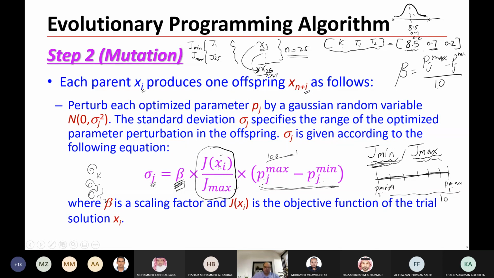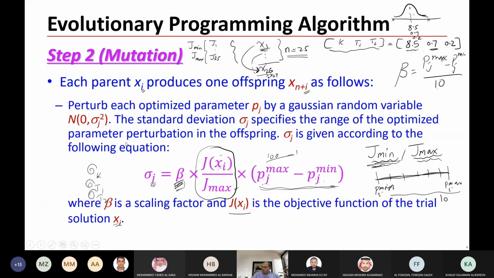And while we are moving forward and approaching the global solution, then we can minimize the change of the parameter. But anyway, you can put it constant. Beta is the scaling factor, and J of xi is the objective function of the trial solution that you generate here randomly, which is xi.